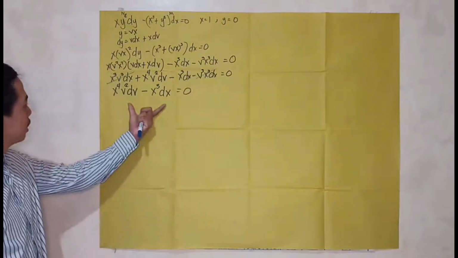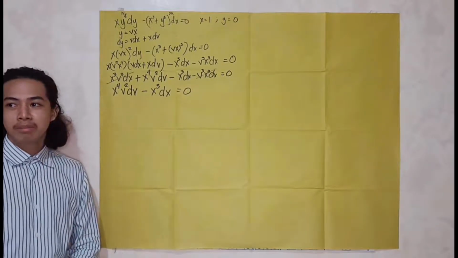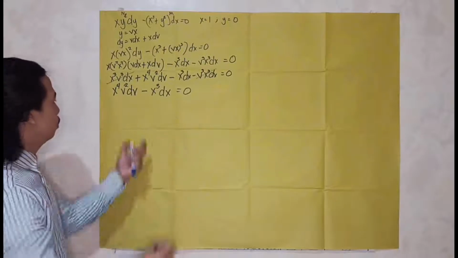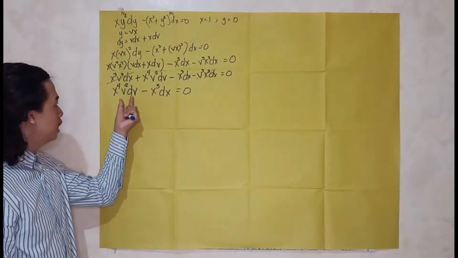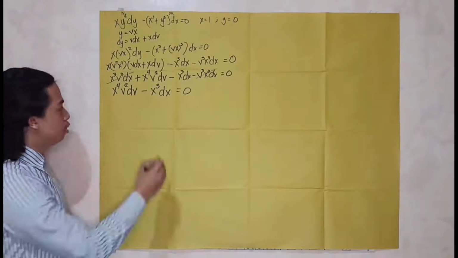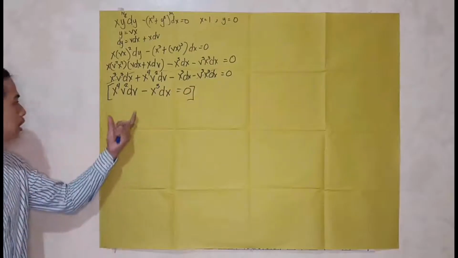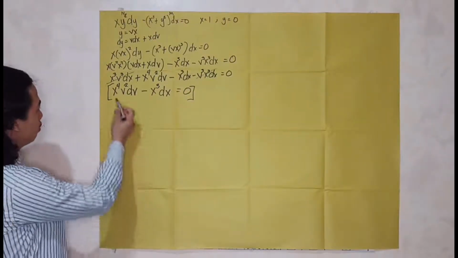So dito, pwede na tayong pumunta sa separation of variables. So kailangan mapagsama natin yung v sa dv at yung x sa dx. So kailangan natin multiply both sides by 1 over x to the 4th para makancel siya dito.